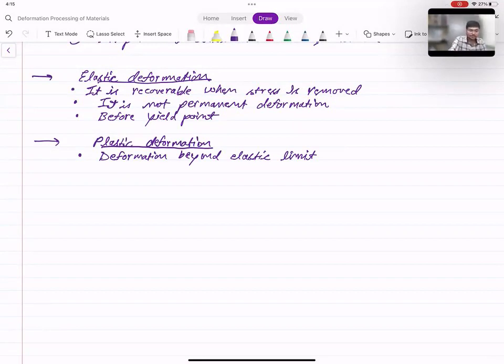Okay, so it occurs due to slip, dislocation movement, etc., and through grain fragmentation and other phenomena.